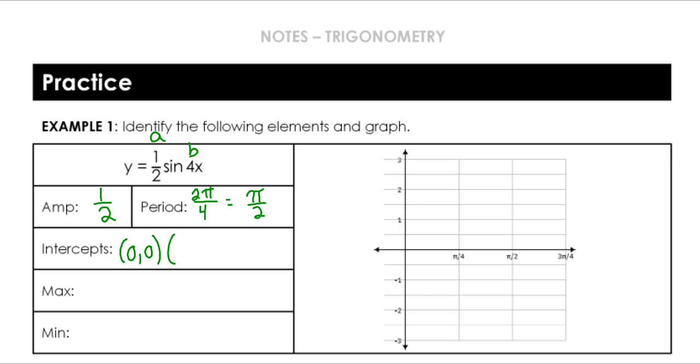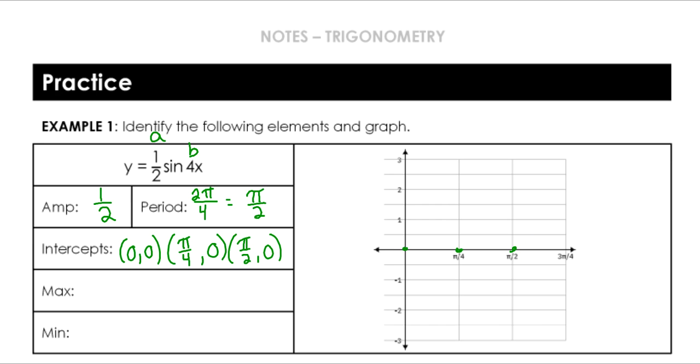So that means that half of that is pi over 4, 0. Then continuing on, my next one would be at pi over 2, 0. So I know that it has x-intercepts here at 0, 0, pi over 4, and pi over 2, because remember, it is going to complete an entire cycle in pi over 2.